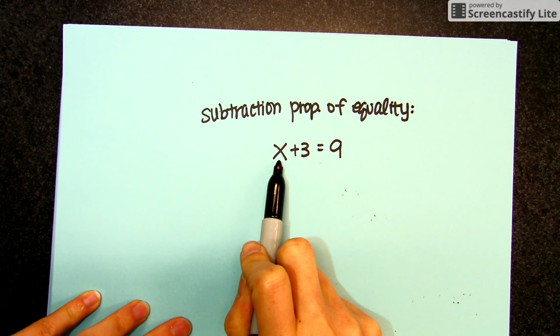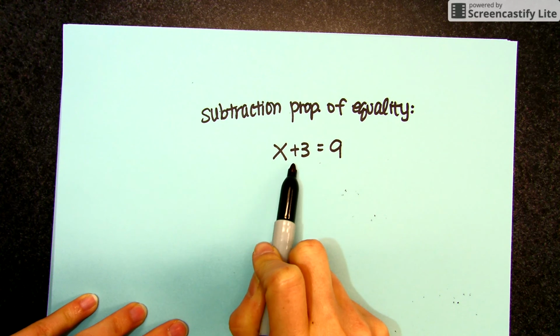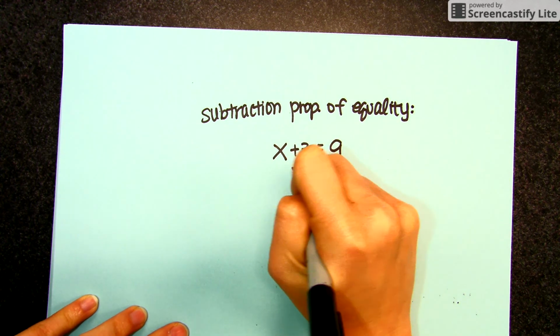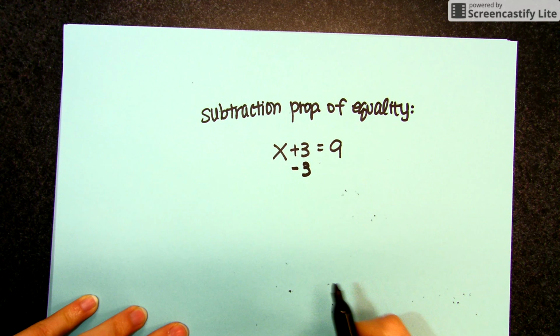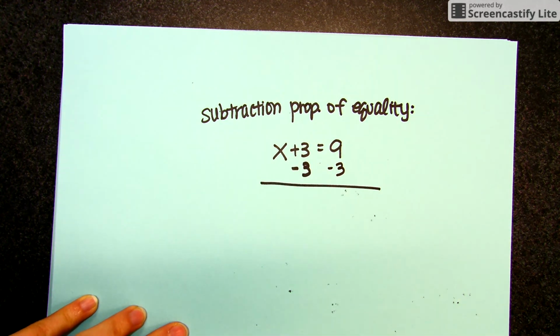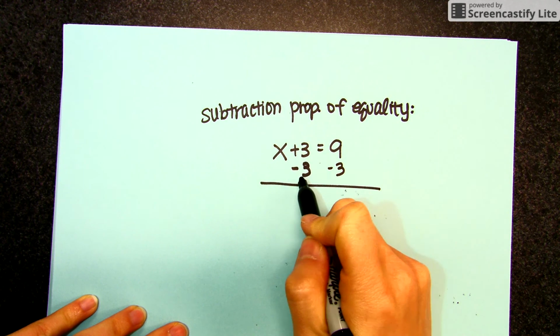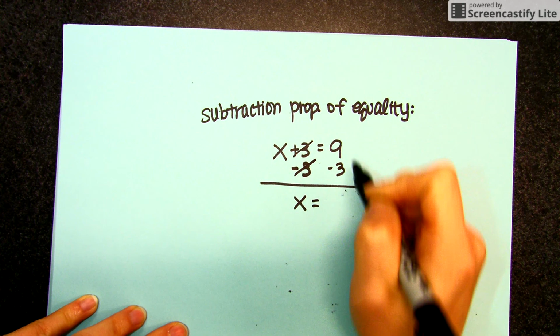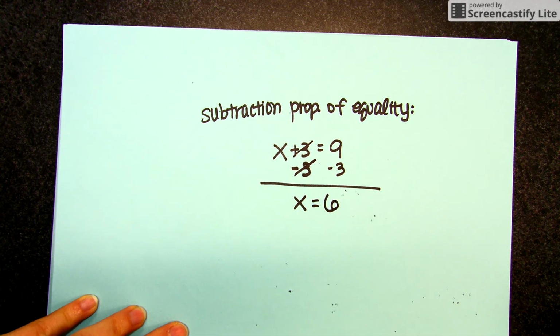We need to isolate the variable, meaning we need to find x to be by itself, because x is the moody teenager. It says, go away, plus 3. In order for plus 3 to go away, you need to do the opposite of plus 3, and that's minus 3. But whatever you do on one side, you need to do it on the other side of the equal sign. Plus 3 cancels out with minus 3, so that means x is alone at last.